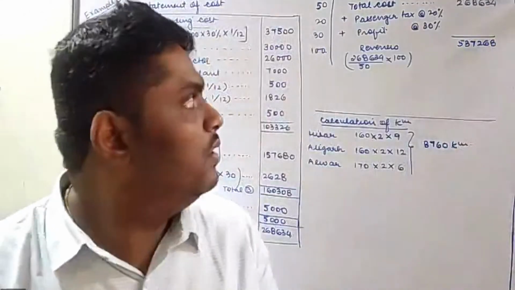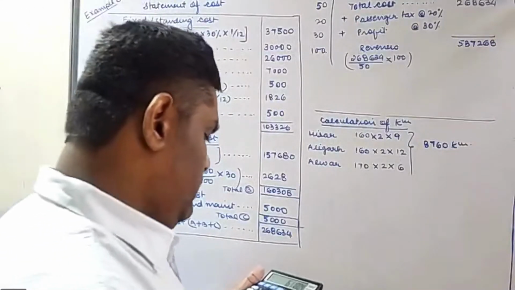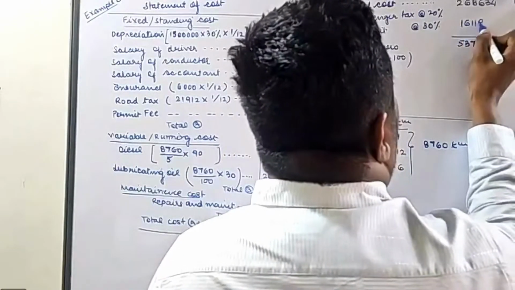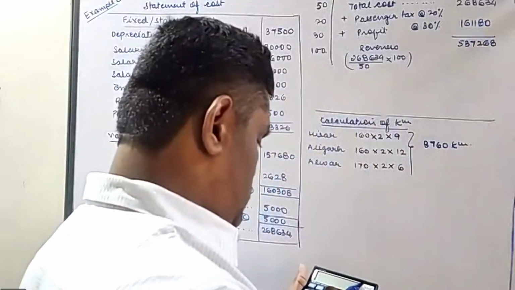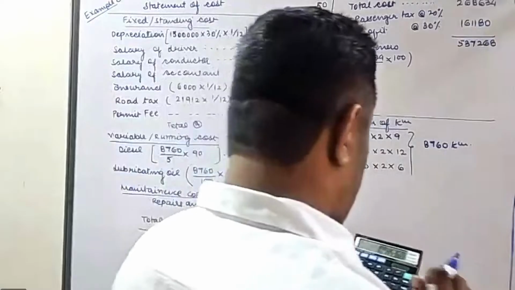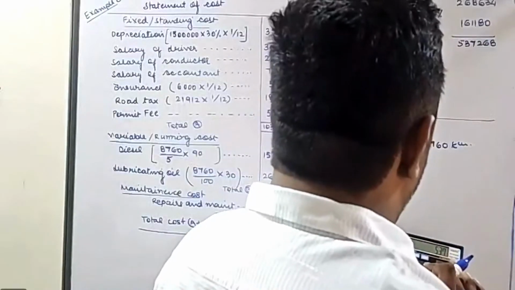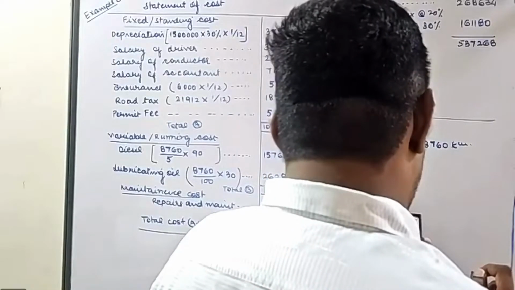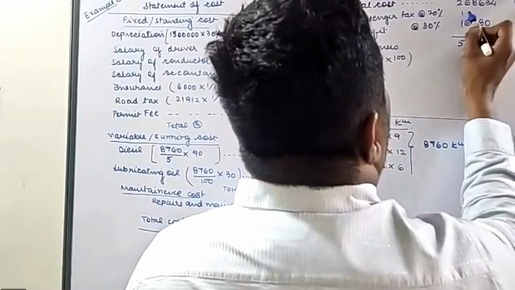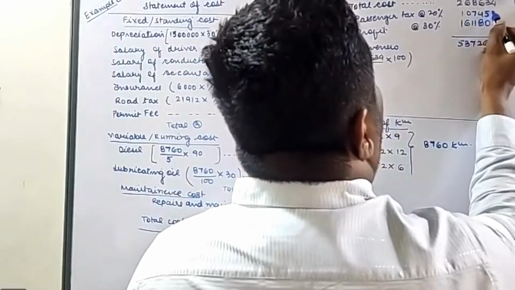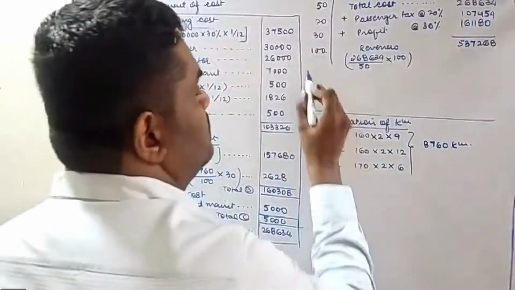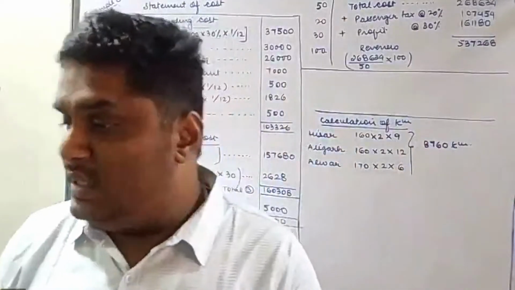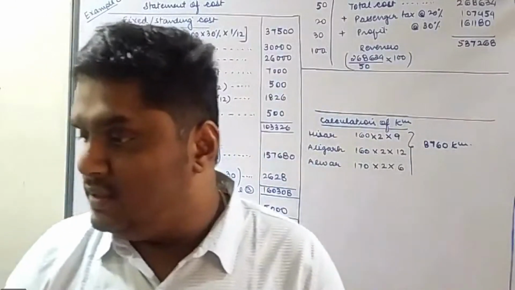Of this amount, 30% will be the profit. So this is the calculation. Very good, everyone. Your answers are correct.